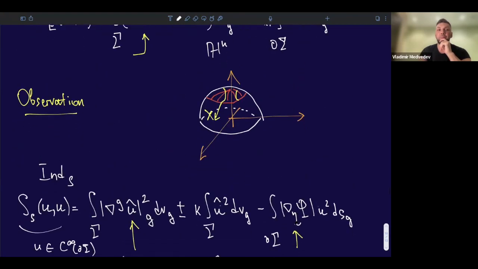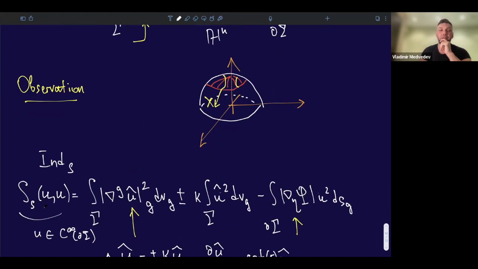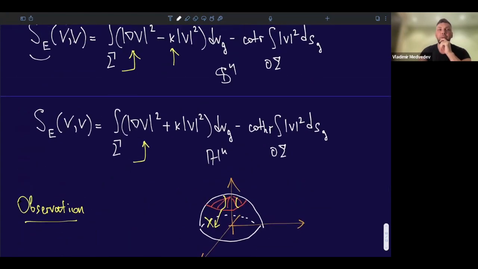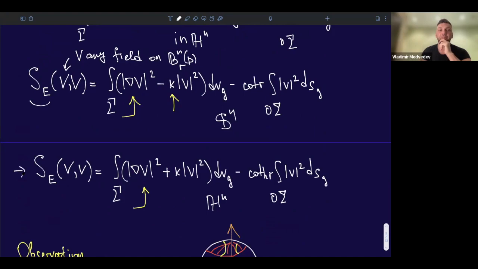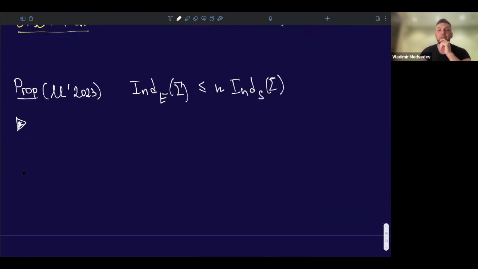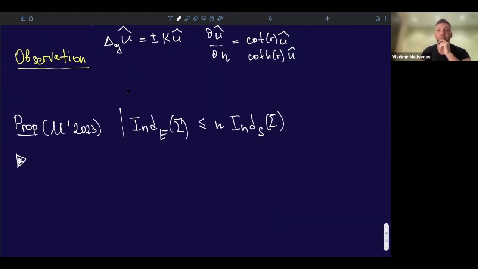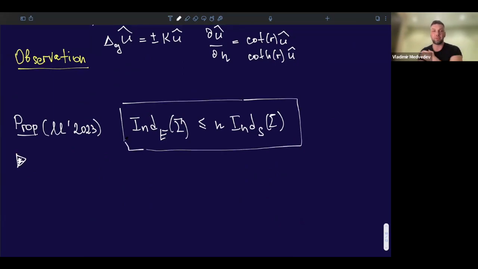And if you compare this formula with the energy formula, then you will get the following very nice estimate, which was also true in the flat case. The energy index is less than or equal to n, the dimension of the ambient ball, times the spectral index.